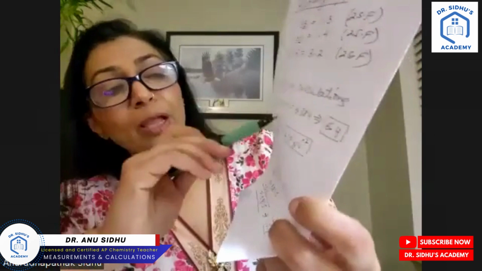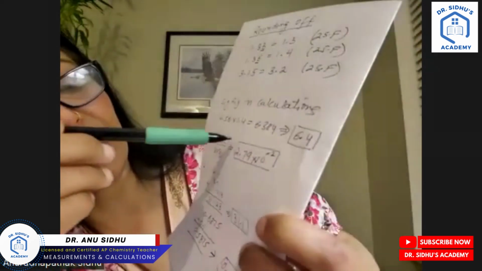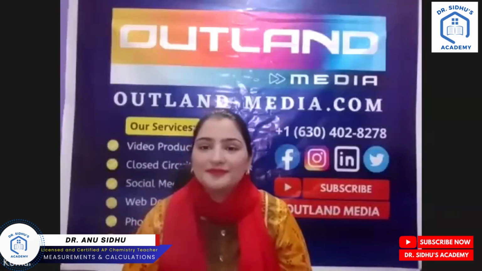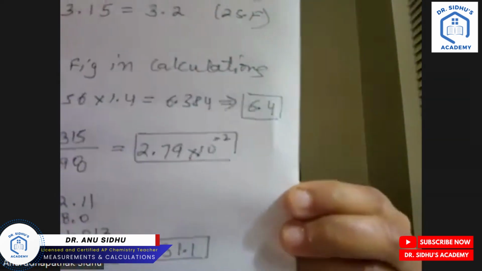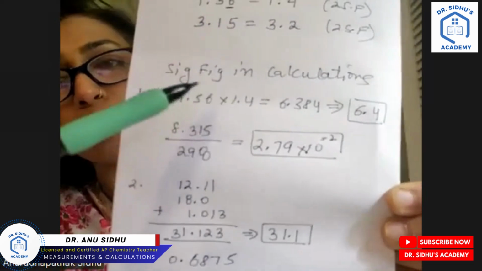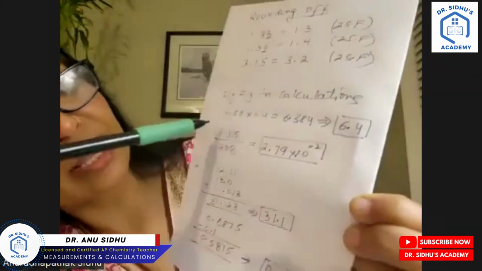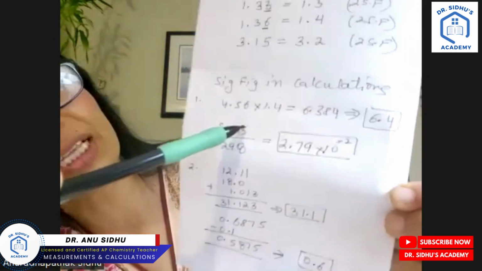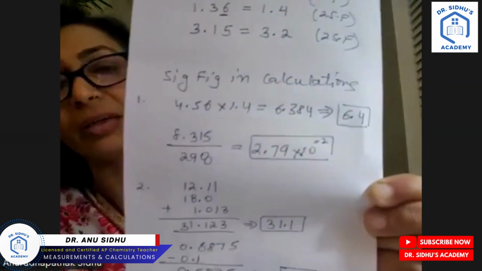You see here, we have 4.56 multiplied by 1.4, and the answer comes out to be 6.384. Here the students need to count how many sig figs are present in these two numbers. 4.56 has 3 sig figs. 1.4 has 2 sig figs.